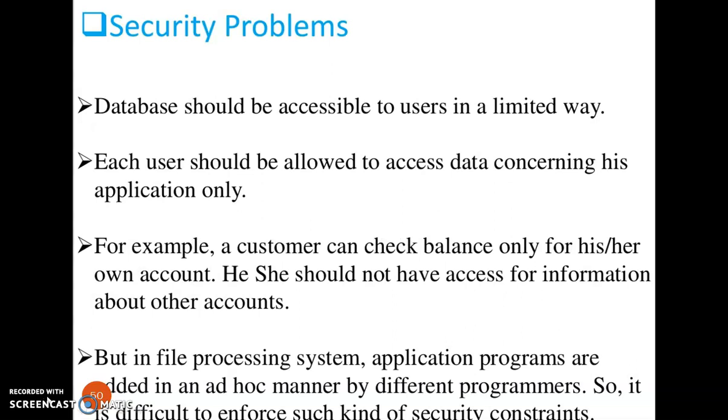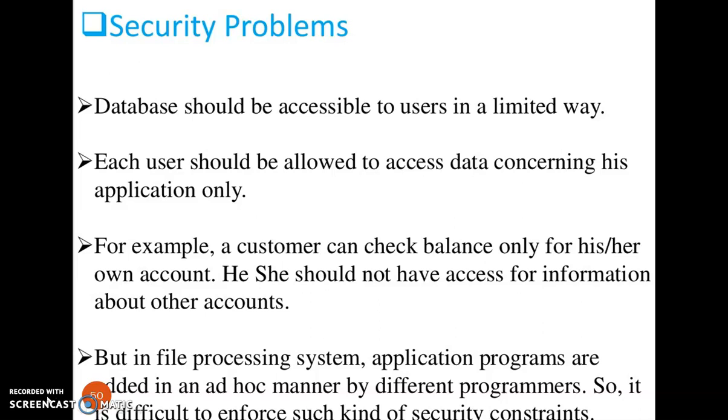Okay, the next problem is security. The database should be accessible to the user in a limited, secured, or restricted way. Each user should be allowed to access data concerning his application only. For example, a customer can check the balance only for his or her own account.